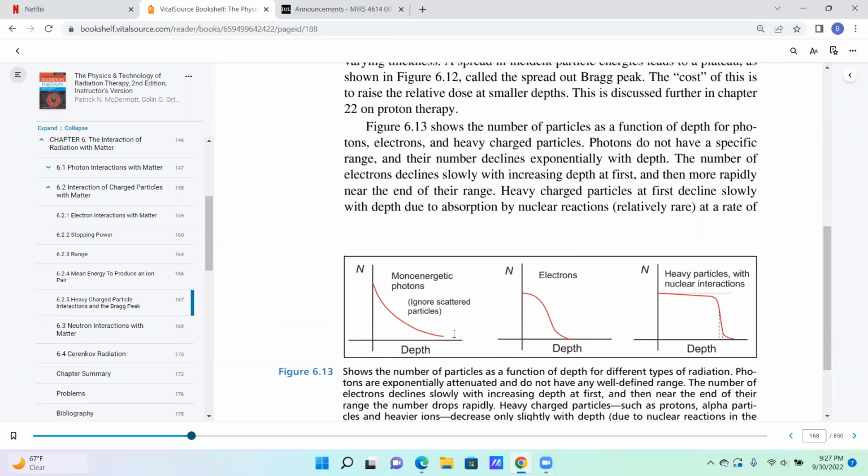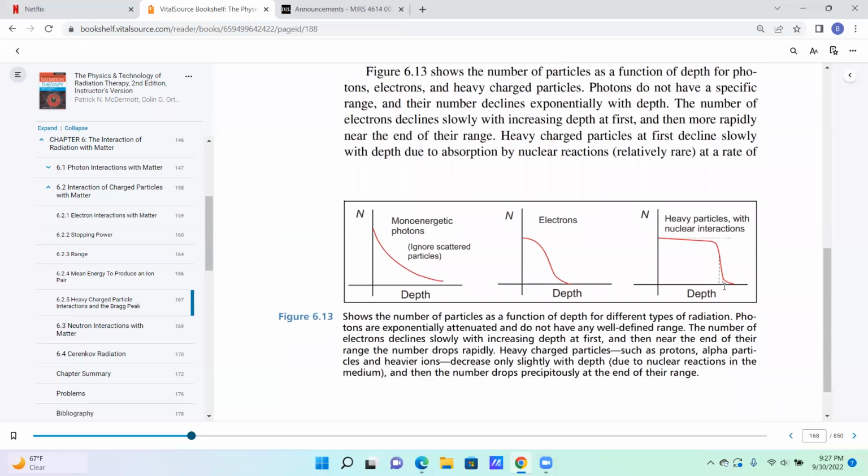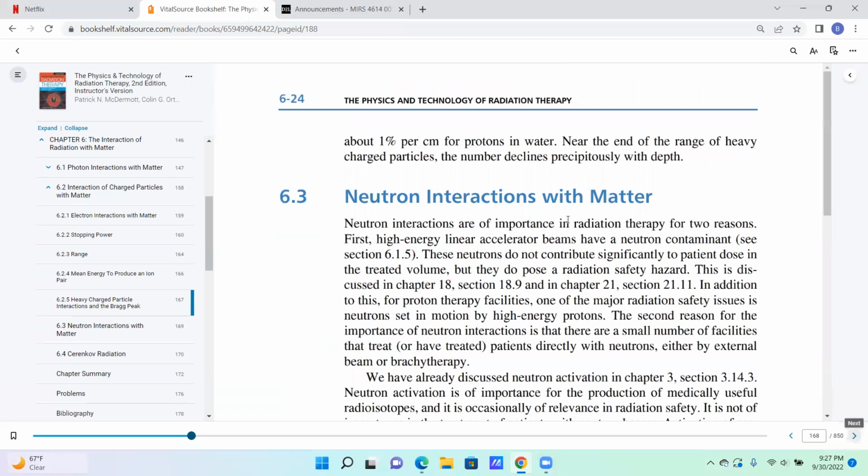In other words, they're going to decline like this, but they never really hit zero. Electrons have a certain depth at which they cease. Heavy particles travel quite a bit, hit a certain depth, and then peter out. And that's pretty much at the end of their range.